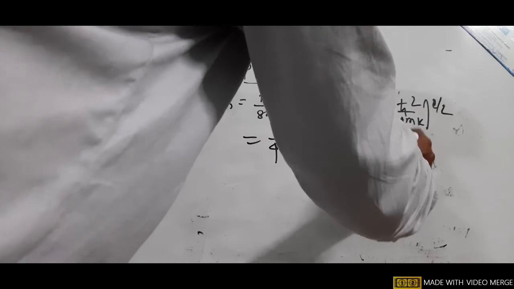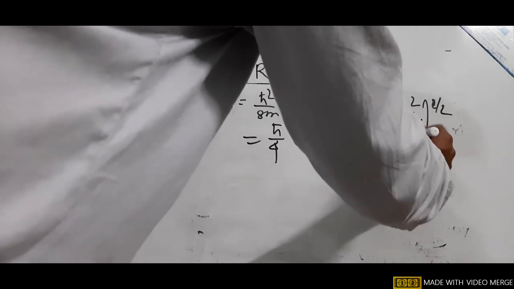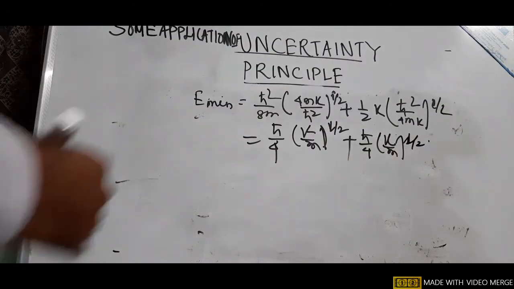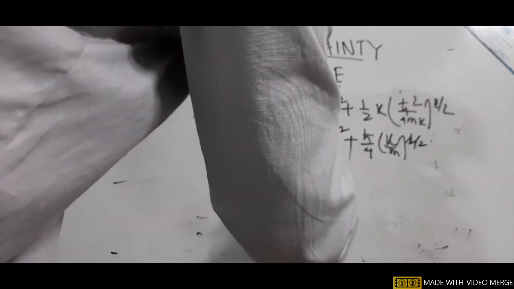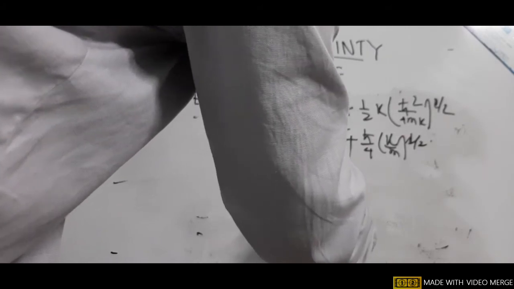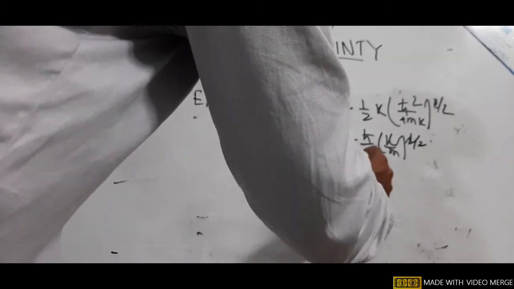So now this is h by 4 times k by m whole to the power half, plus again here h by 4 times k by m whole to the power half. The same quantity is being added, so it is h by 2 times k by m whole to the power half.